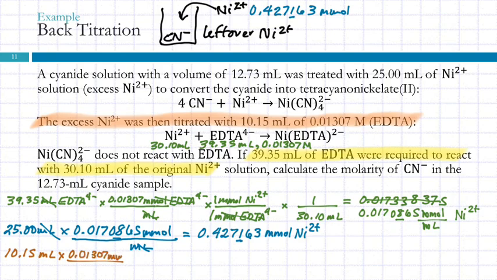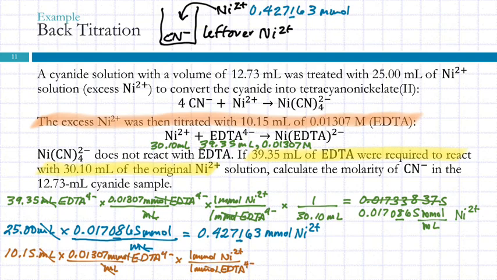times 0.01307 millimoles per milliliter, so the units cancel out. That's millimoles of EDTA. We want millimoles of nickel. It's 1 to 1. 1 millimole of nickel to 1 millimole of EDTA.